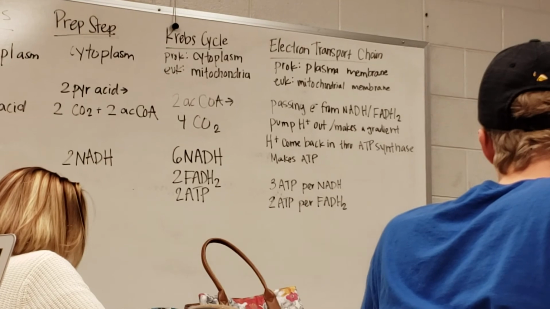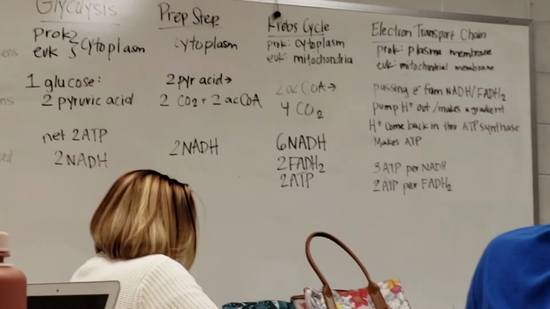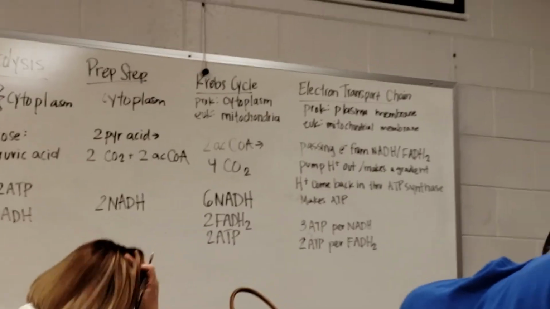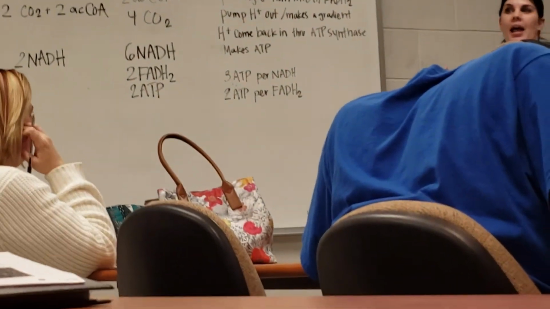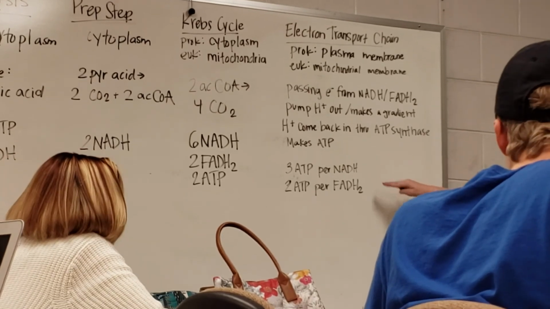If everything I just said doesn't make sense, at least see if you can just remember the bare facts about it, okay? So this is oxidative phosphorylation. You're just passing electrons, making a gradient, ATP synthase makes ATP, okay? 3 ATP per NADH, 2 ATP per FADH2.